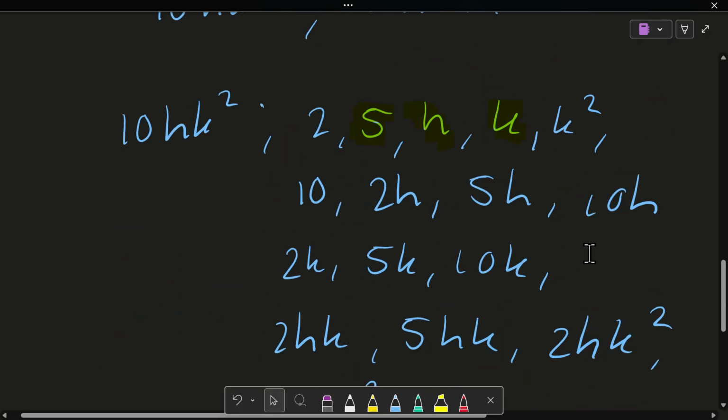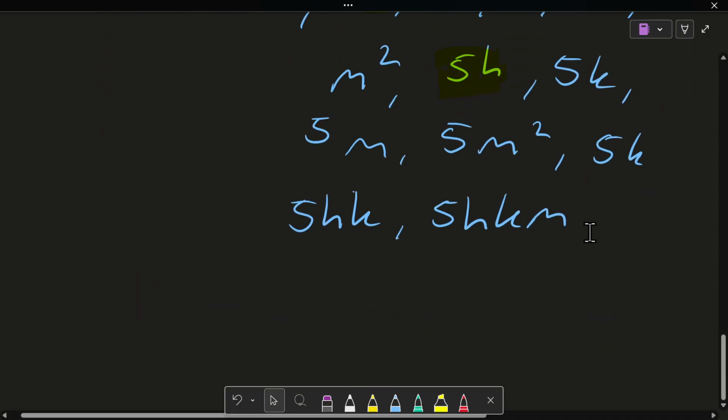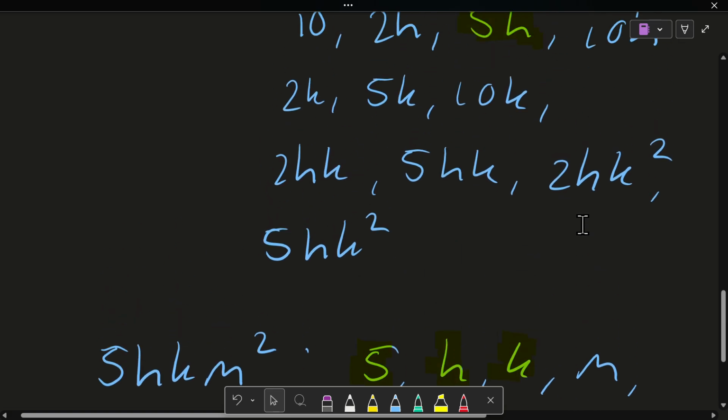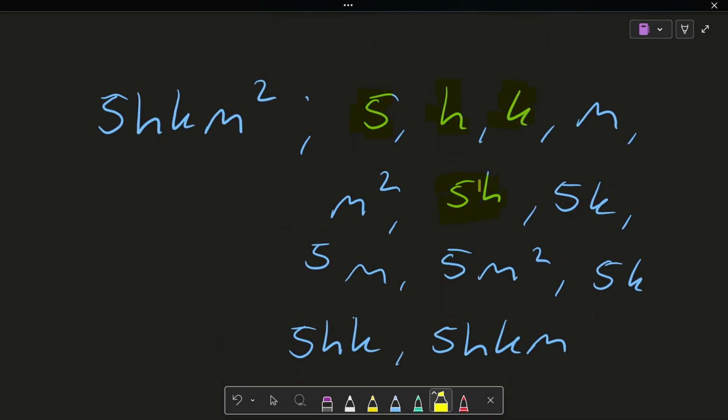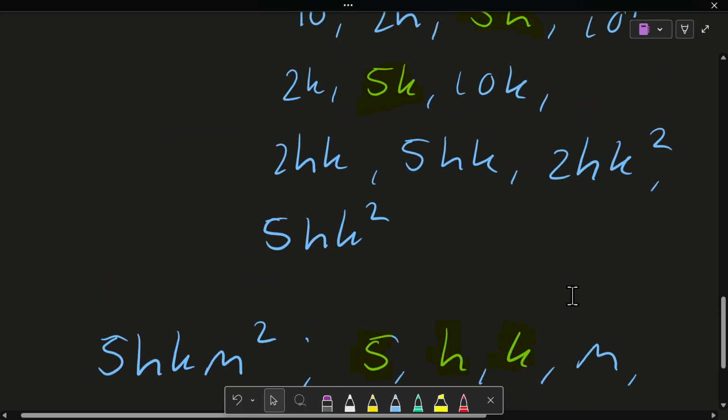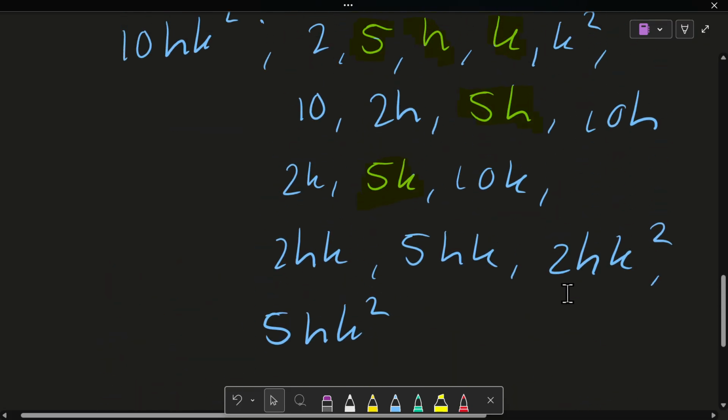There's no 10h. There's 5k here. Anything else? 10k, 2hk.